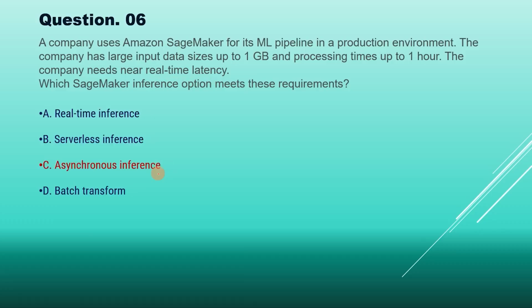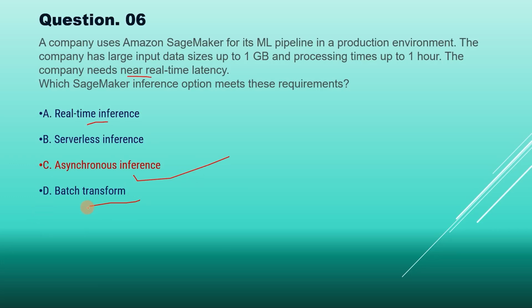So the correct answer here will be asynchronous inference because it needs near real-time latency. This will be the best possible solution due to that reason. Because if we think about real-time inference, it gives an immediate response for high traffic and low latency applications. And batch transform will be used for large-scale offline processing without real-time needs.